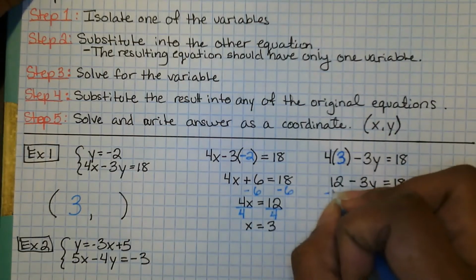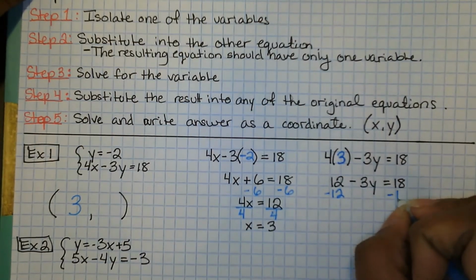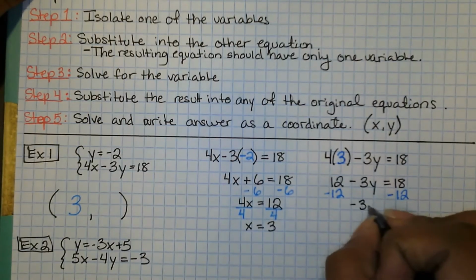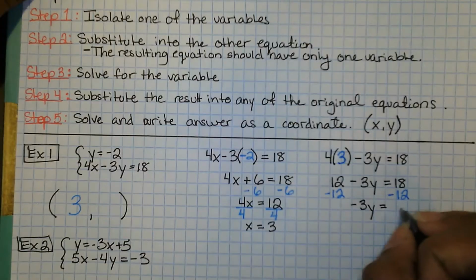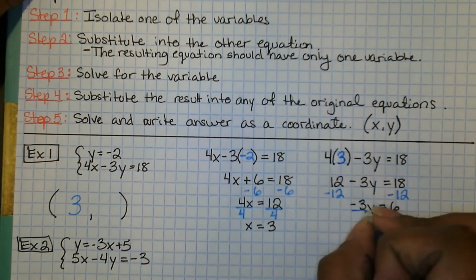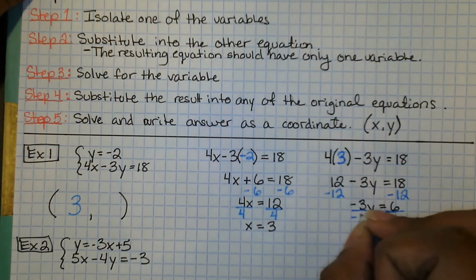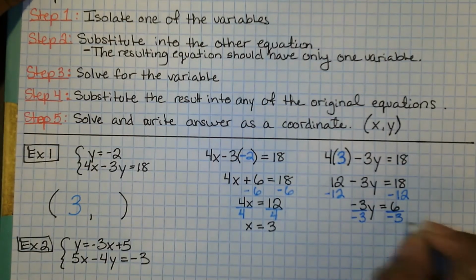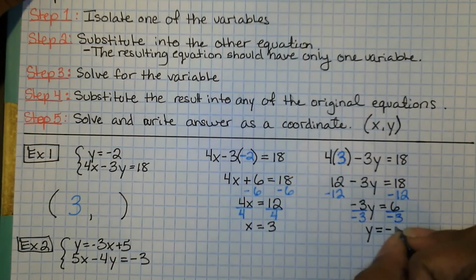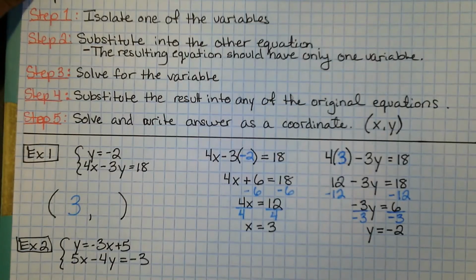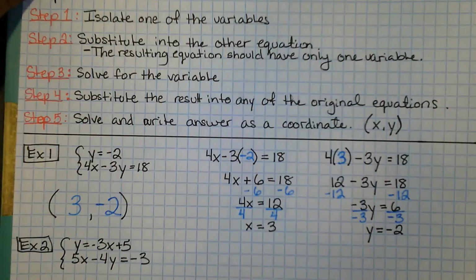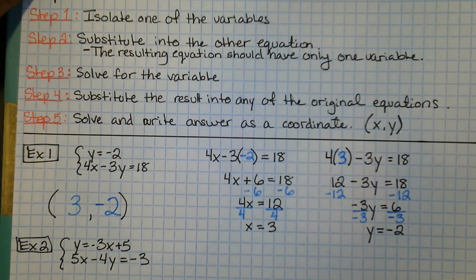We need to subtract 12 from both sides. -3y is equal to 6. Last step, we need to divide by -3. So our y value is equal to -2. So now we have both parts of our answer. We just write it as a coordinate and we are done.